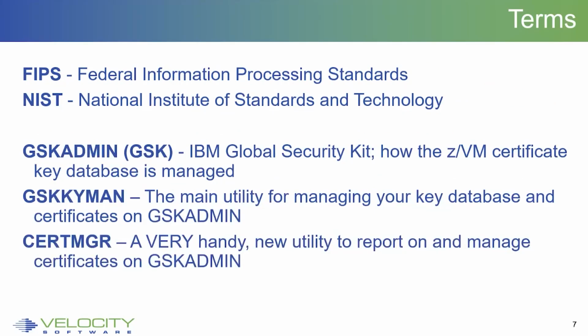A couple of other terms you'll see are FIPS, the Federal Information Processing Standard, and NIST, the National Institute of Standards and Technology. Those are used when you start looking at some of the cryptography and the cipher suites that are available, but really just be aware of what those terms mean.